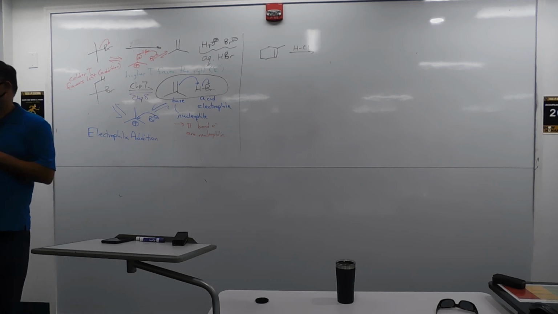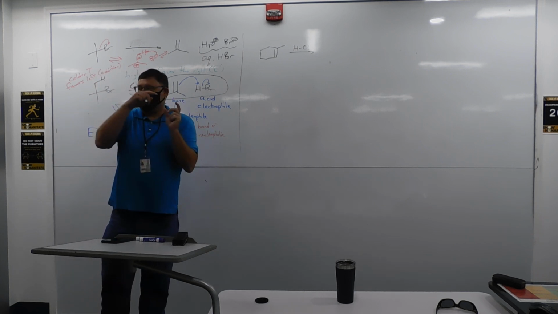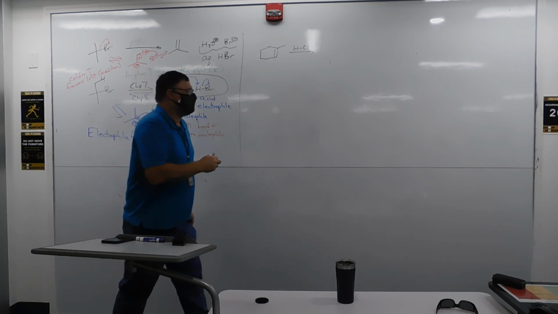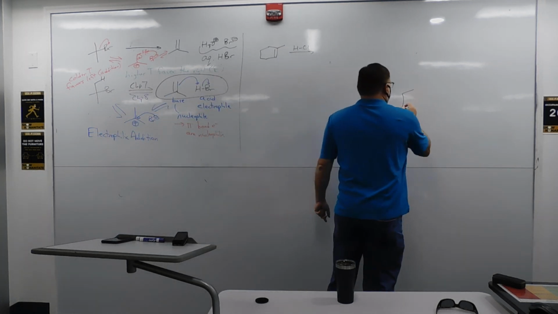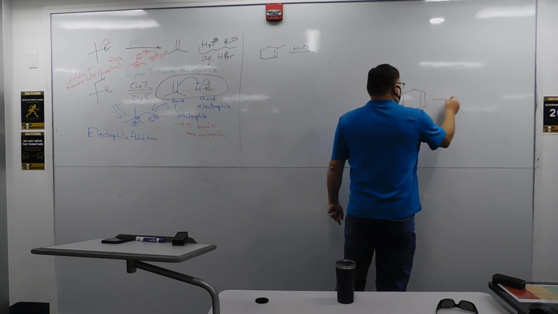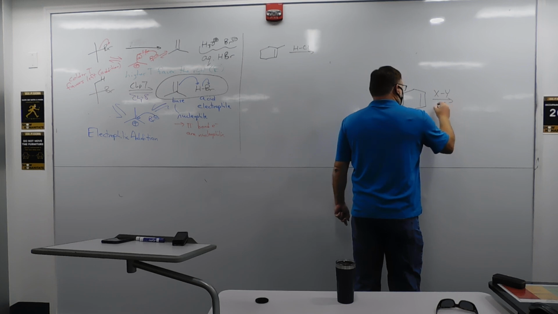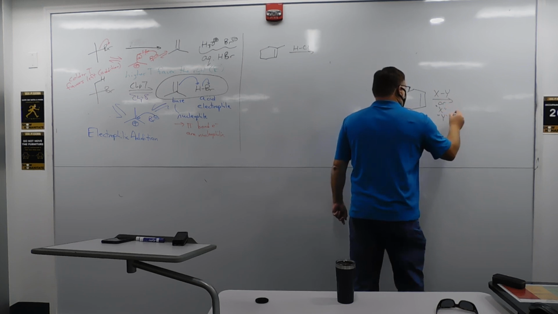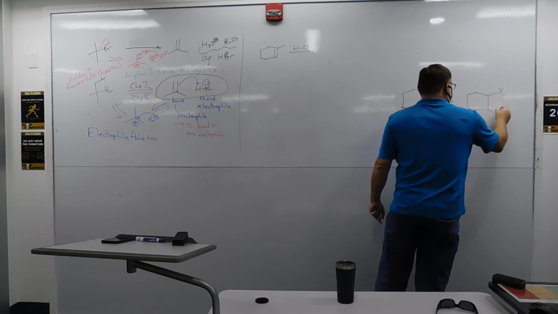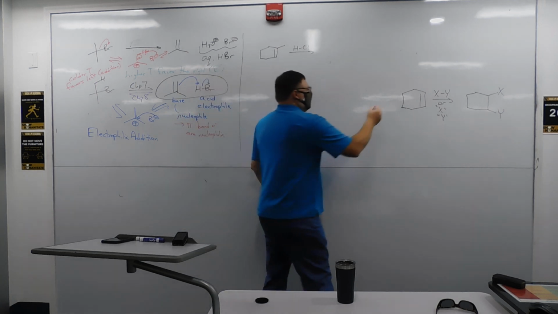So you're going to take your carbon-carbon double bond, break the pi bond, and add two different things to the pi bond. All right, so the general reaction will be something like this. That's our general addition reaction.